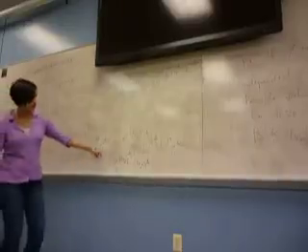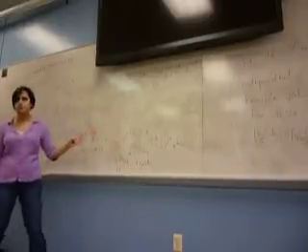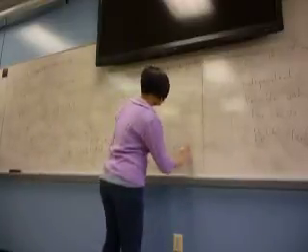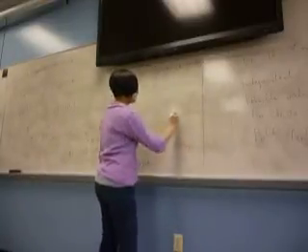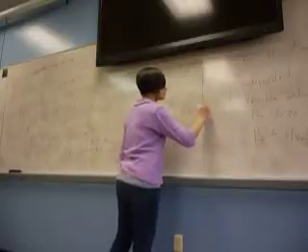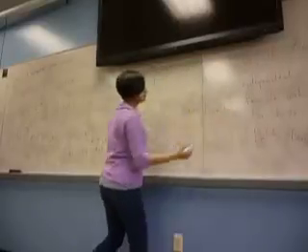And you see that this is the probability mass function of a Poisson random variable with parameter lambda plus mu. So you can conclude, therefore, that x plus y is distributed as Poisson with rate lambda plus mu.